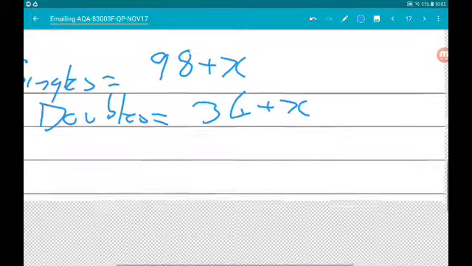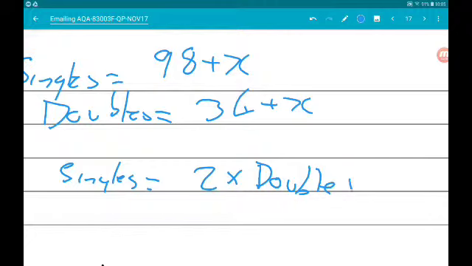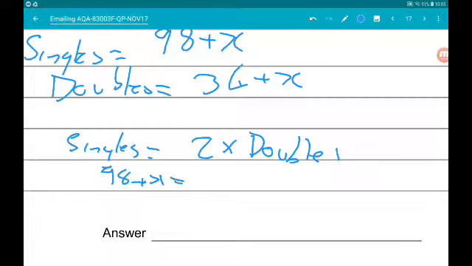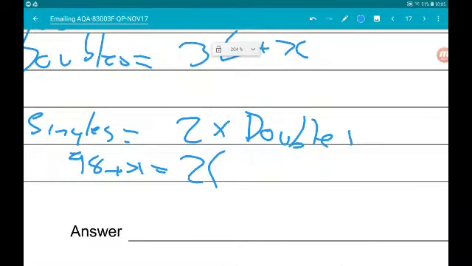Now we know the number that took part in the singles is double, so 2 times the amount that took part in the doubles. So we know 98 add x is twice, so 2 times 34 add x.